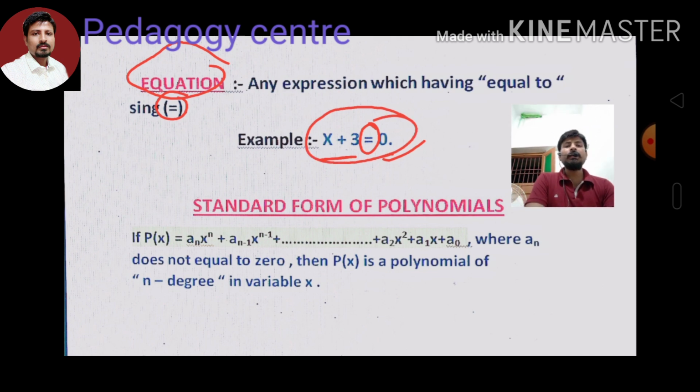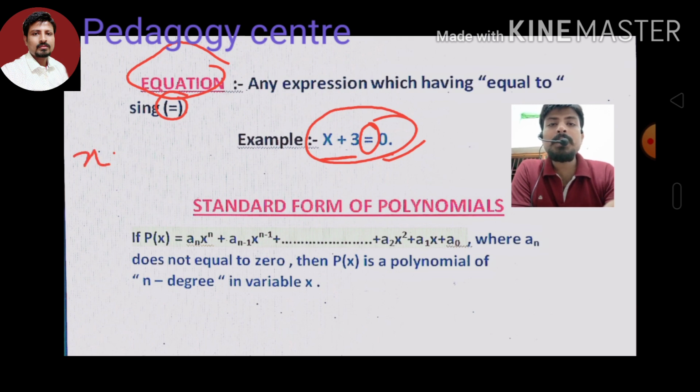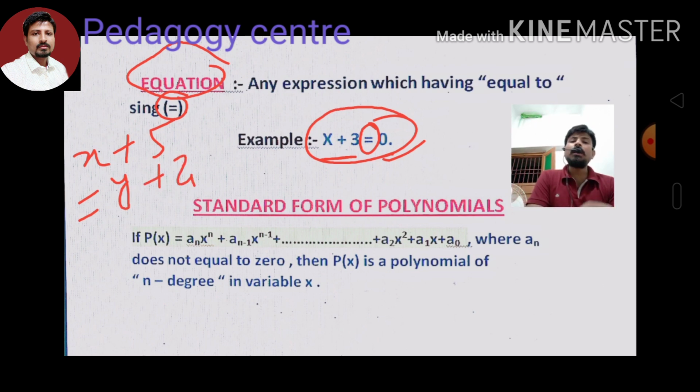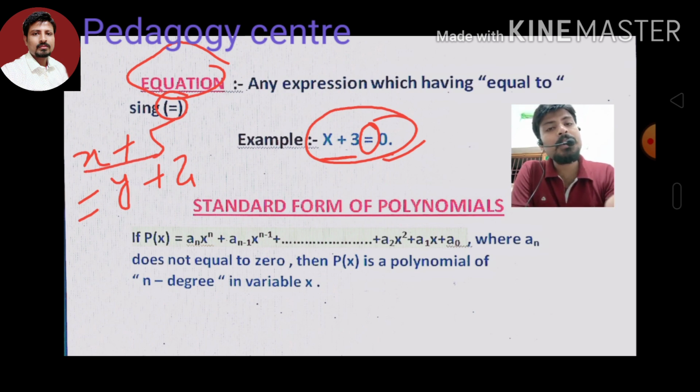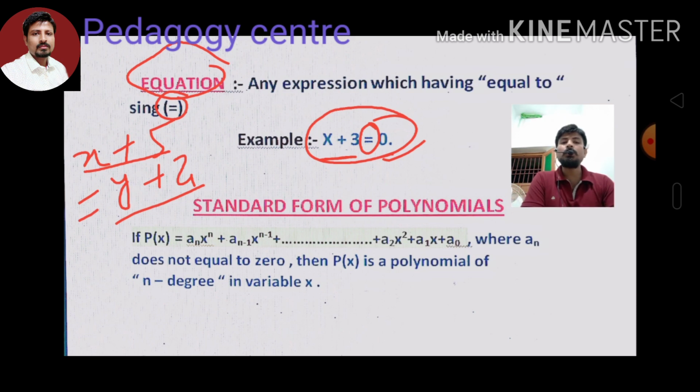You can take another example such as x plus 5 equal to y plus z. It is also an equation. Here x plus 5 is an expression and y plus z is also an expression, and these two expressions contain an equal to sign, so it is an equation.